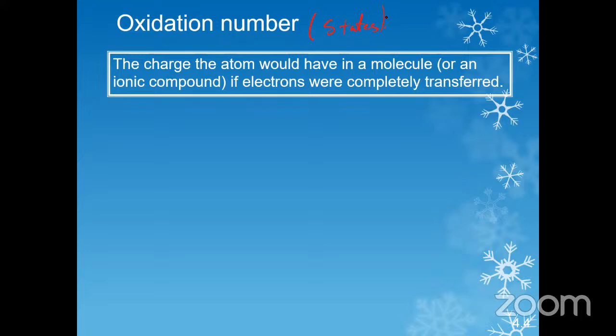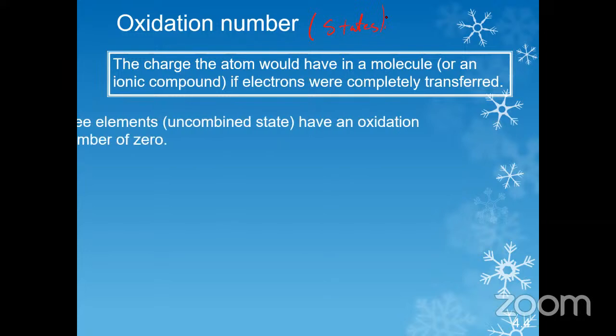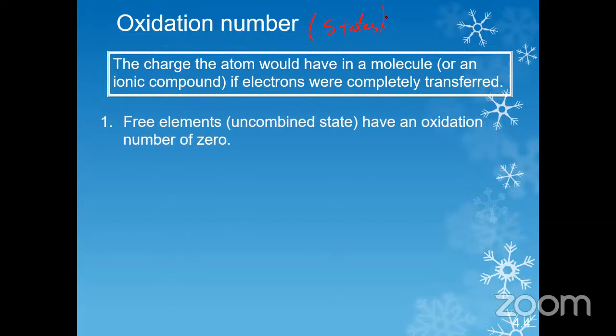There are some rules for determining the oxidation numbers of atoms in different situations, and we're going to go through them. You don't need to memorize these rules, but you certainly need to know how to use them. When you use them over and over again, you'll find yourself remembering them. The first rule is that any element that is not combined with anything else has an oxidation number of 0.